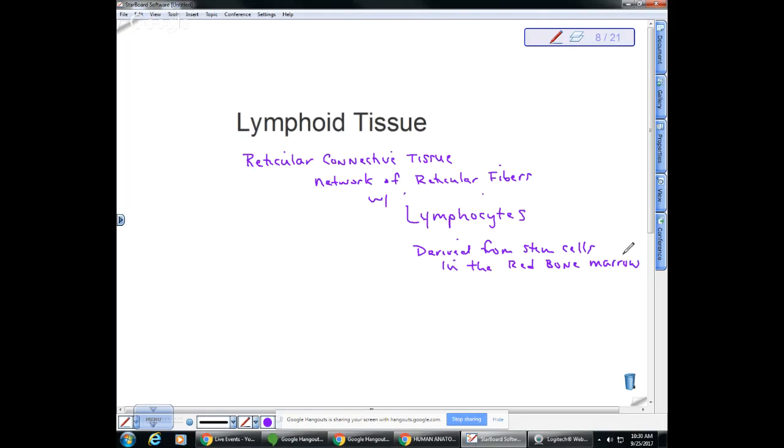And there are two major classifications of lymphocytes. These include what are referred to as the B cells. And we're going to talk more about this when we get to the immune system, because obviously the lymphatic system, because of the lymph nodes, is really important in the immune system process, okay?